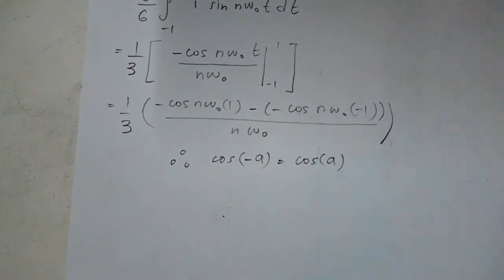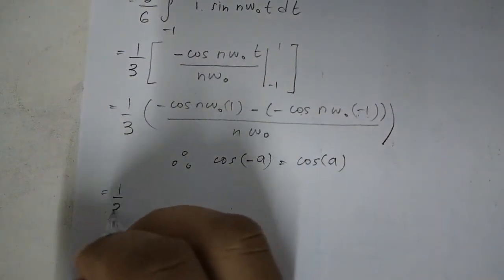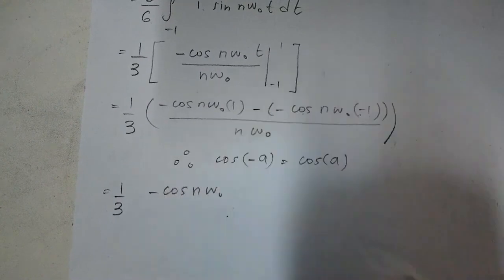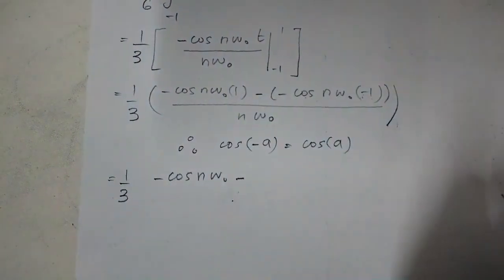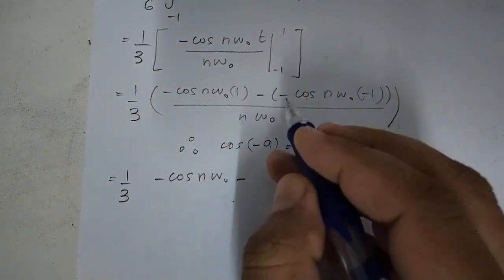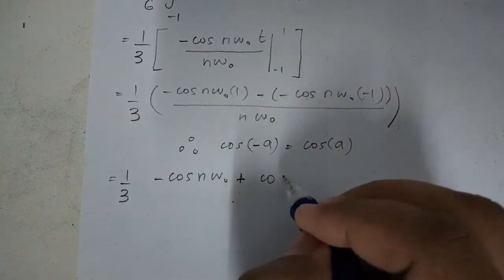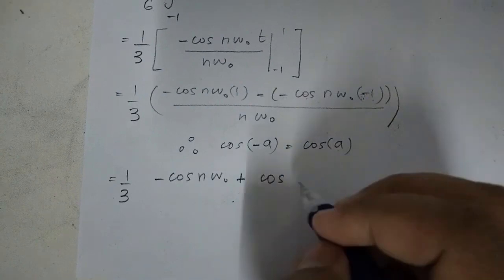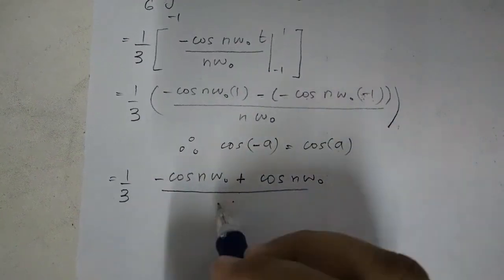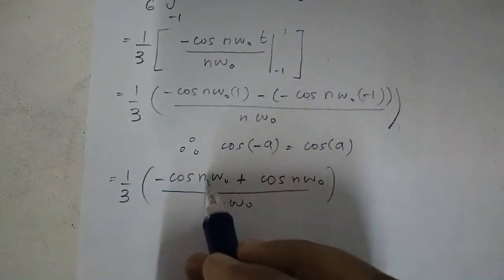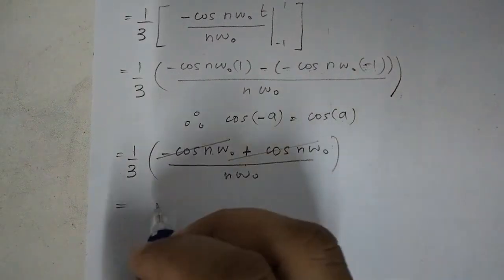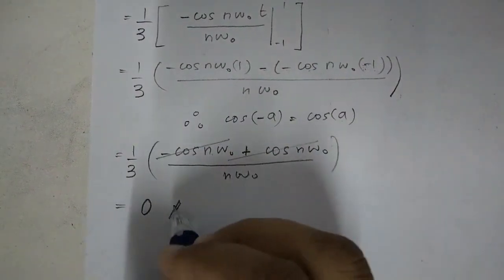So you can simplify, and this will turn positive, and now we can cancel this. So for bn, it is 0.